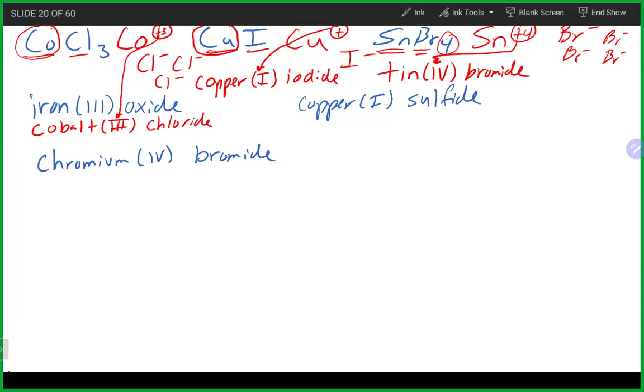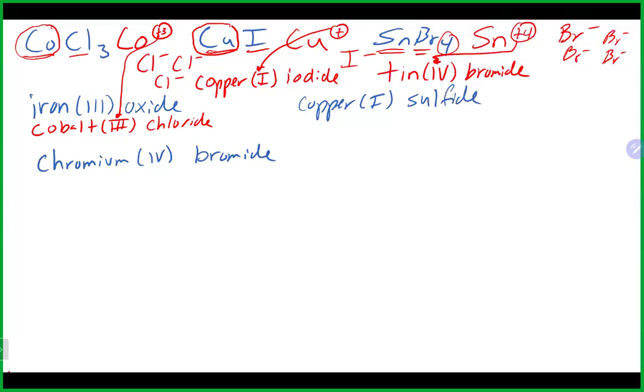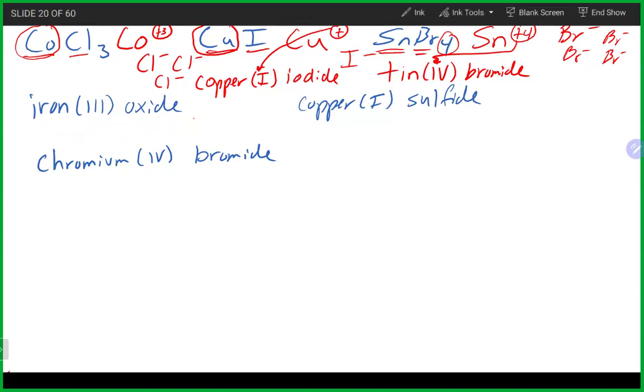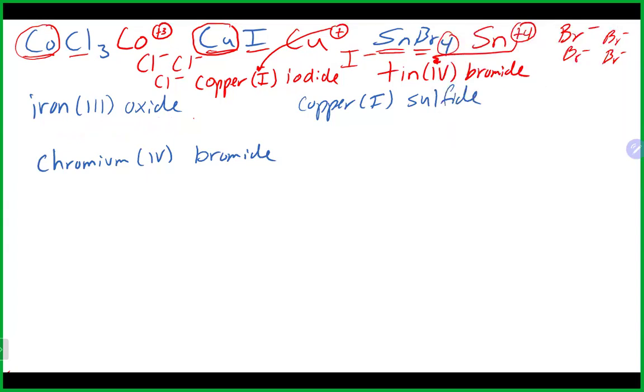The nice thing about the name is when I see iron Roman numeral 3, I know the iron has what type of charge? +3. That is what it means. I don't have to figure anything out. It actually told me what the charge is. Oxide is oxygen, which is group 6, has a -2 charge.